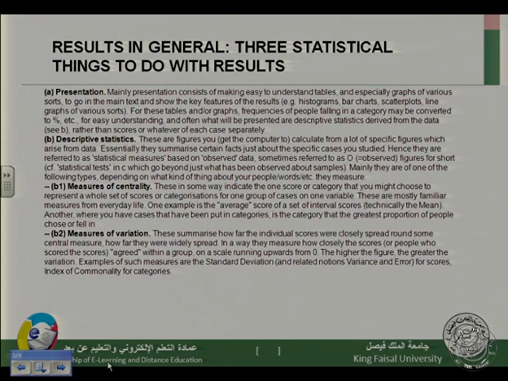So if you have graphs and tables, you may want to convert these into percentages instead of just saying, well, we have 300 Saudi teachers in this university and 150 non-Saudi teachers in this university. You may want to just convert them into percentages.